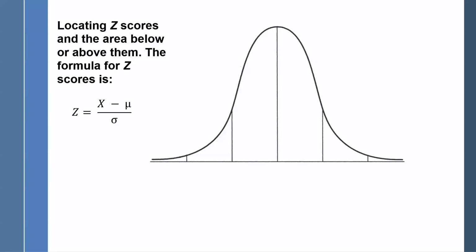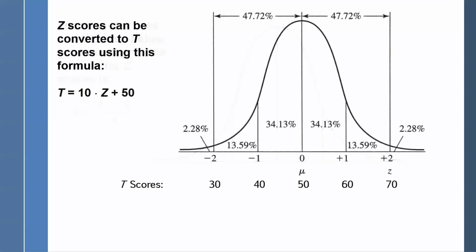Oftentimes, we're faced with an issue, at least in stats classes, where we have an individual raw score. We're given the mean and standard deviation of the distribution that it came from, and we are asked to calculate the z-score for that individual. And that can be easily done. I'll demonstrate that in a second.